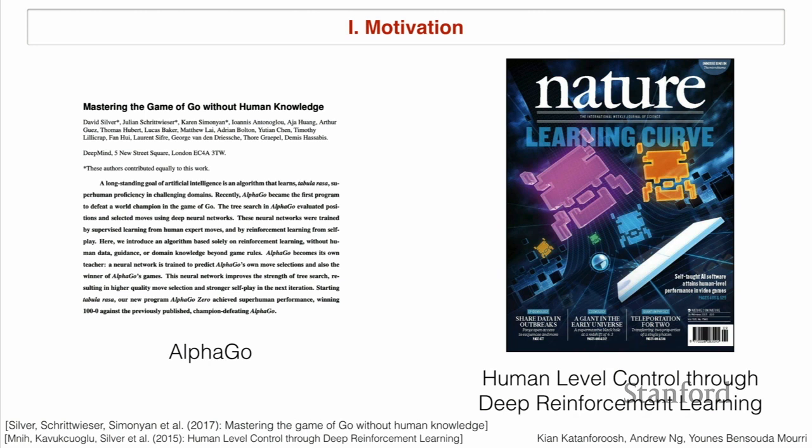Google DeepMind's AlphaGo has beaten world champions in the game of Go, which is a very old strategy game. And the one on your right, Human-level control through deep reinforcement learning, is also a Google DeepMind paper that hit the front page of Nature, one of the leading multidisciplinary peer-reviewed journals in the world.